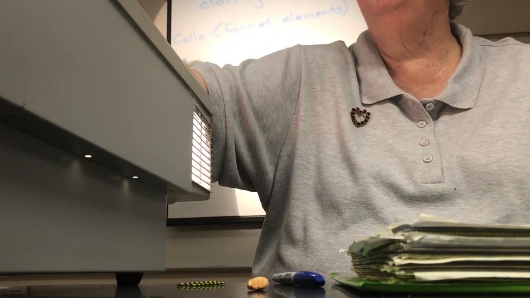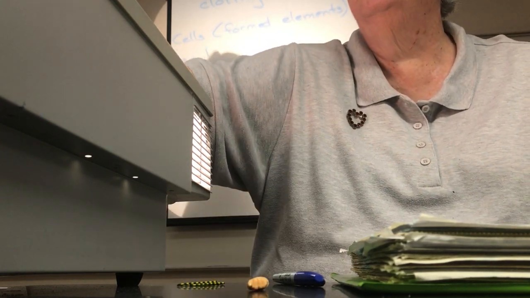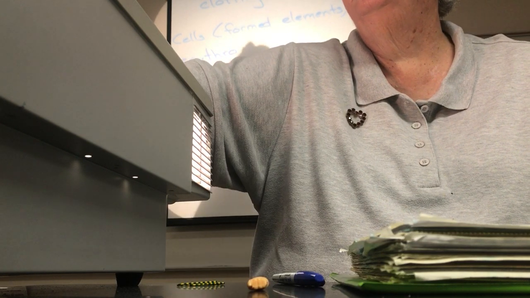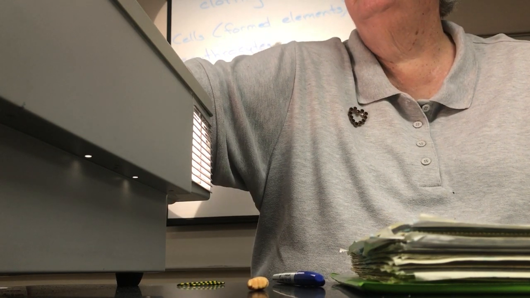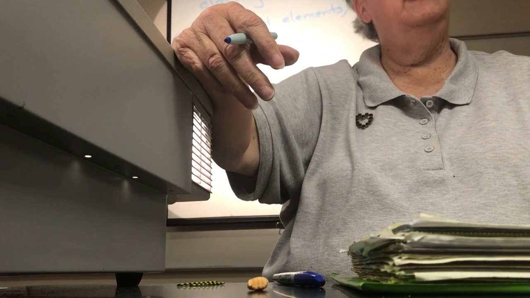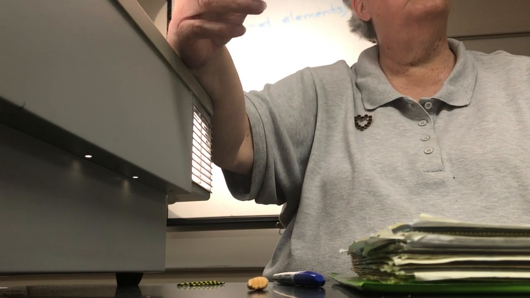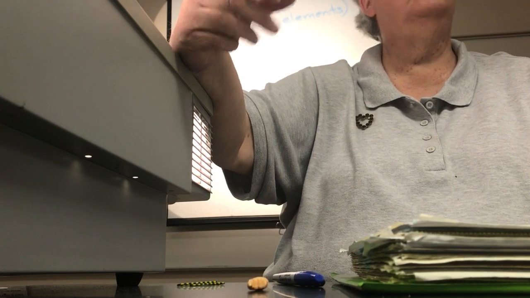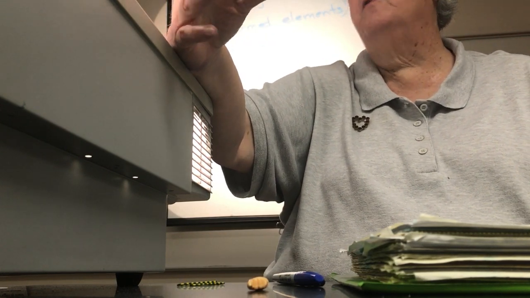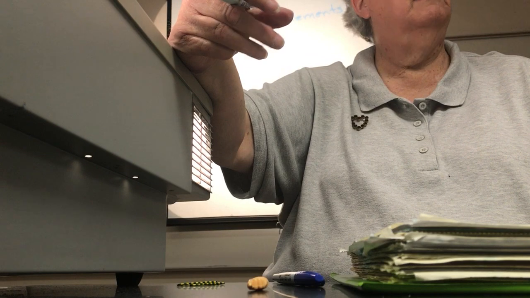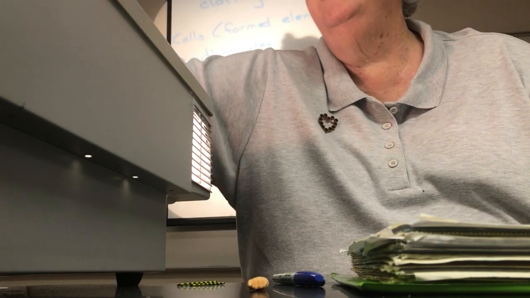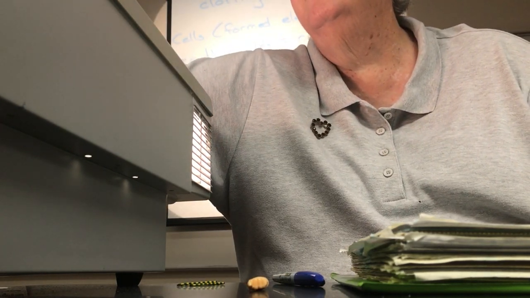These guys are called the erythrocytes. And in Latin, erythro or eryth is the term for red, and cyte is the term for cell. So in Latin, these guys are the red blood cells.